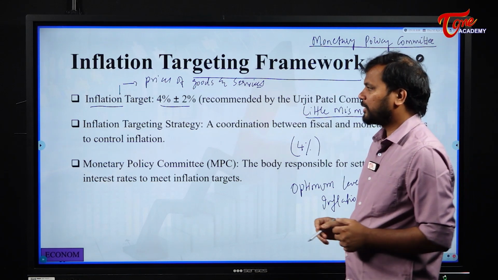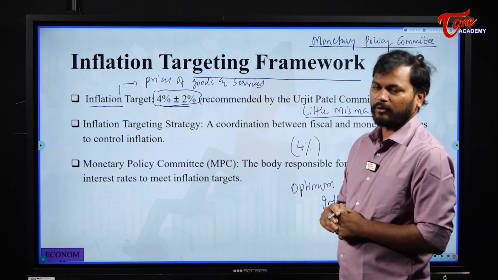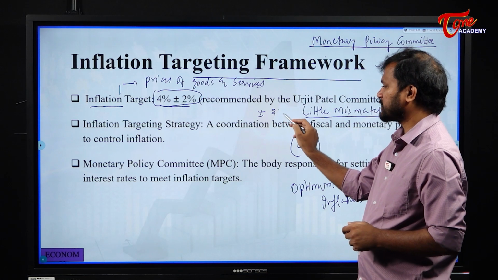Clear? Now, the inflation is targeted at 4%. Okay, but there can be a relaxation of plus or minus 2%.